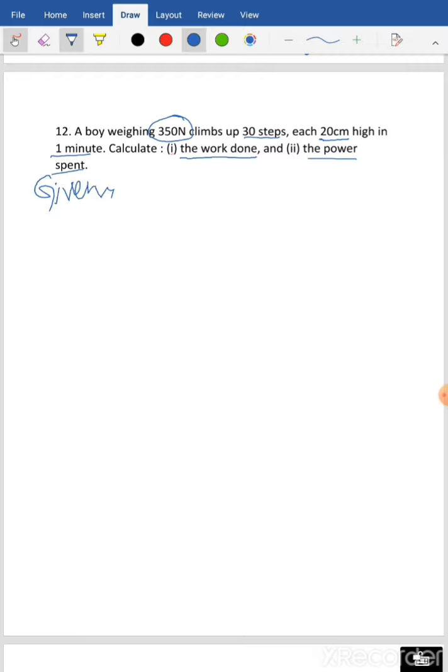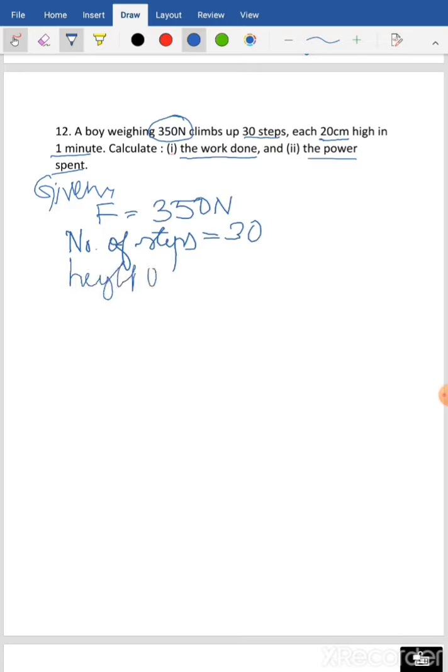So let's write the given information from the question. Given F equals 350 Newton, number of steps equals 30, then we have height of each step is 20 centimeter.